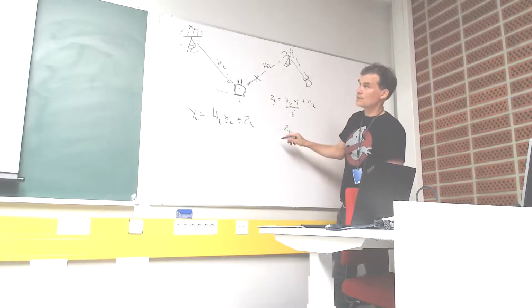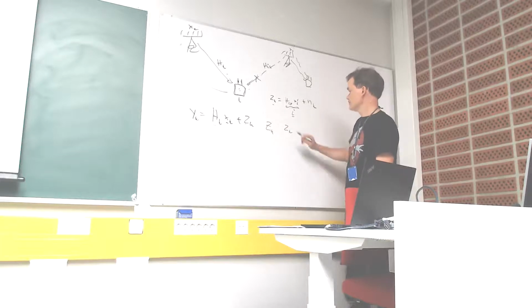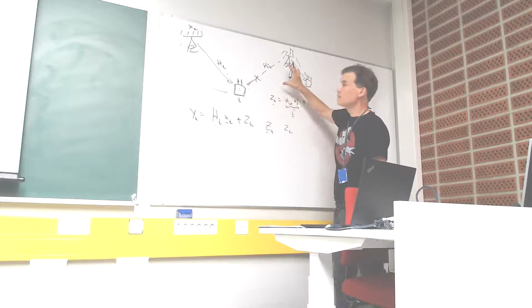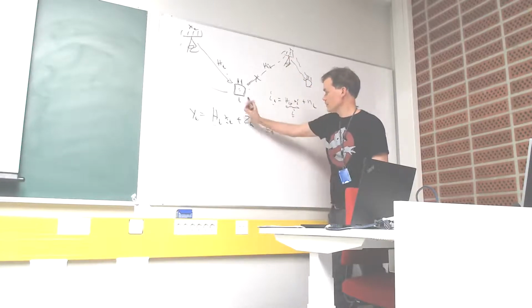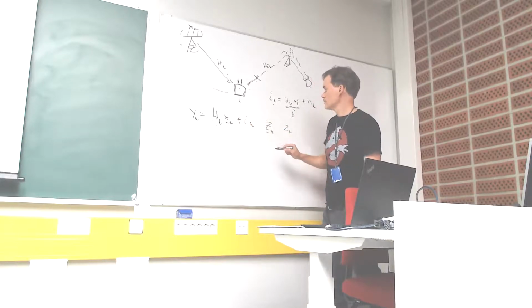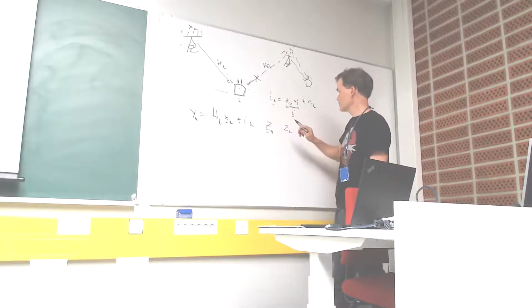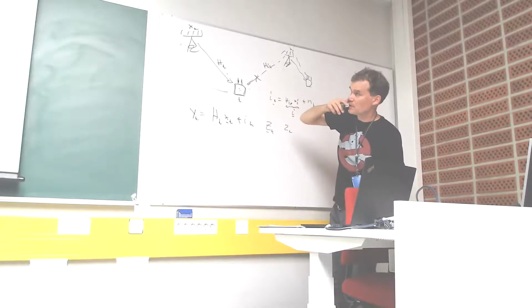So let's call this small z. Okay, now it's confusing. Let's call this something else. I includes the small z there, consistent.